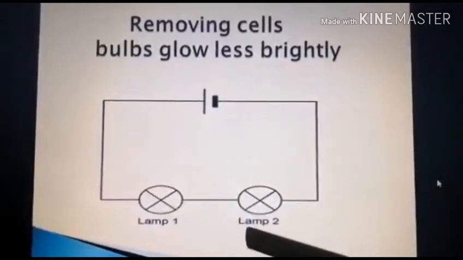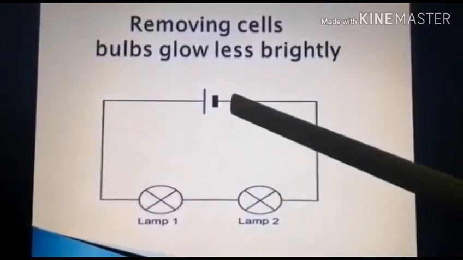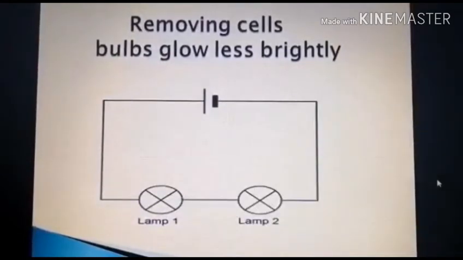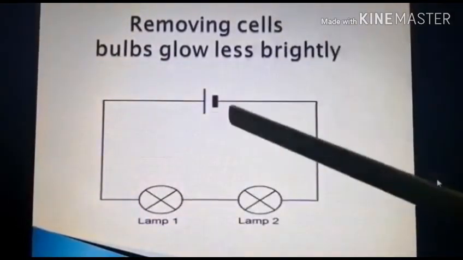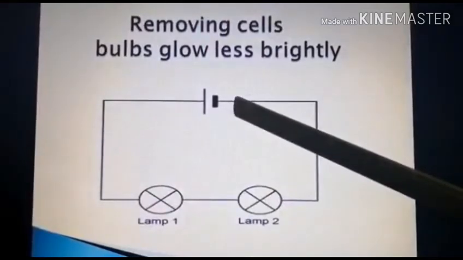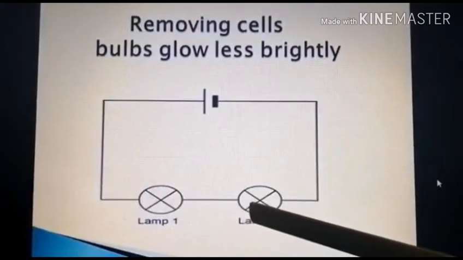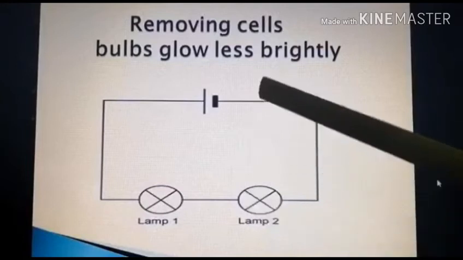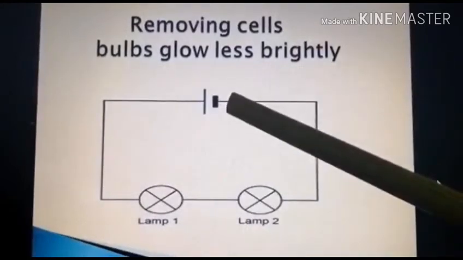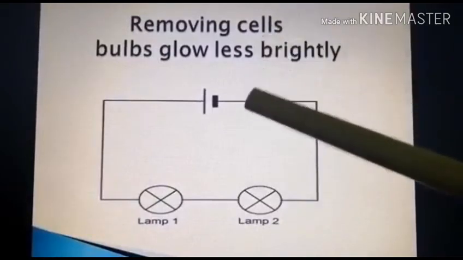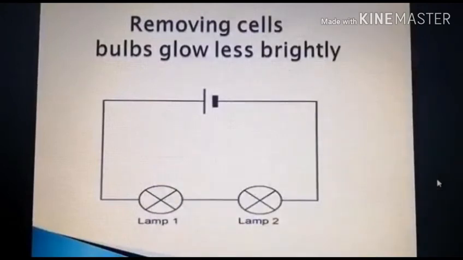These 2 bulbs are sharing the power supply from 1 cell, so the bulbs are dimmer. If you want these 2 bulbs to glow more, we have to add 1 more cell here, and then they will be brighter. But if I remove 1 cell from here, these 2 bulbs glow less brightly.